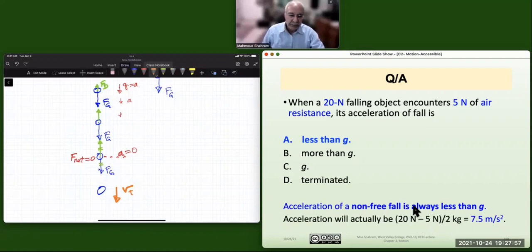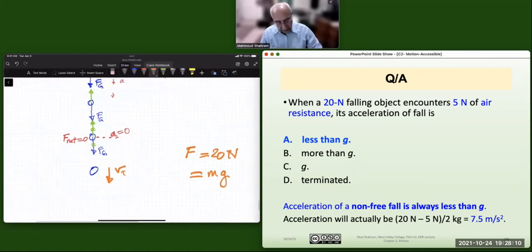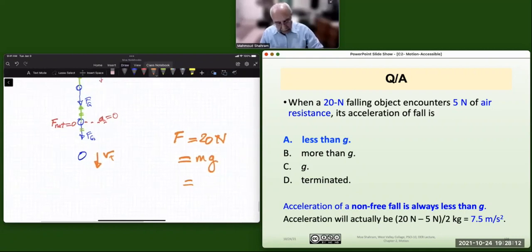What is the mass though? Well, when we say F is equal to 20 Newton, we know that is equal to mg. And we know that 20 Newton is equal to m times g, which is 10 meters per second squared. So from here, m is actually 2 kilograms.